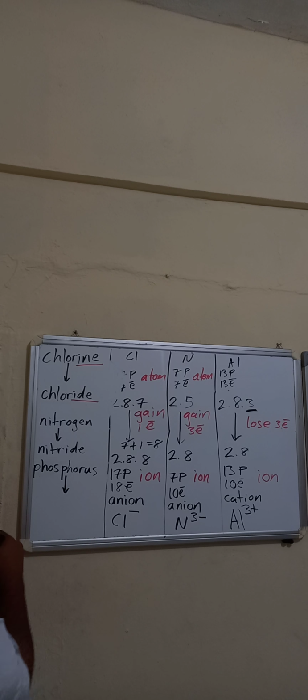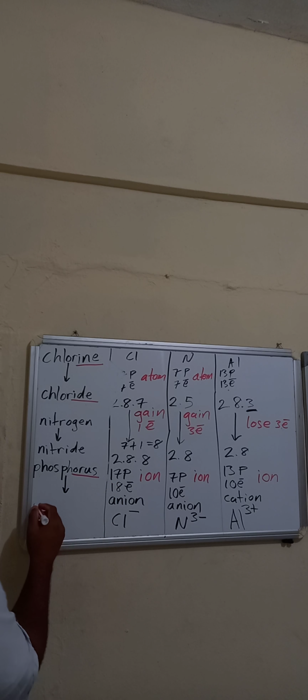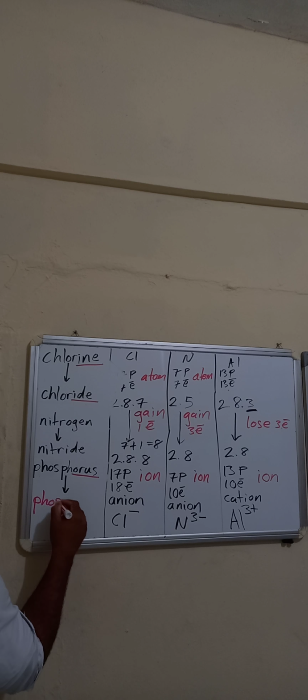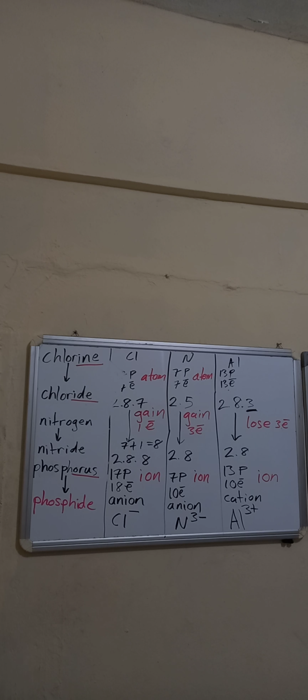So phosphorus, take off that, it will become phosphide. Alright, so the ions always end in ide. So chlorine, chloride, nitrogen, nitride, phosphorus, phosphide, oxygen, oxide, right?